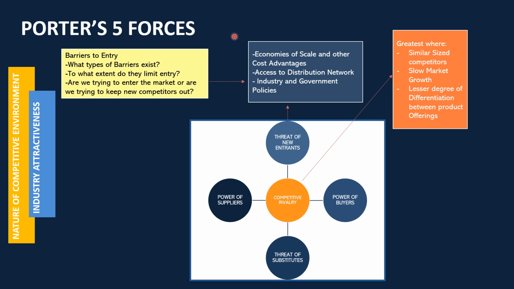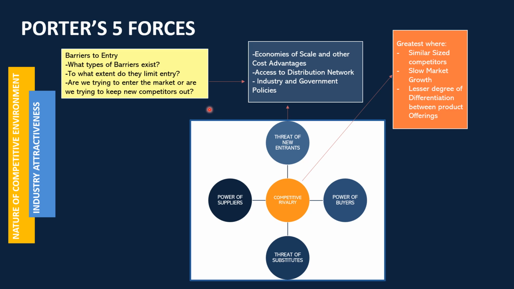And these are certain sources of barriers to entry. Let's just quickly go through them. First one being economies of scale and other cost advantages, access to distribution network, industry and government policies. There's product differentiation and capital requirements, which could also be a part of a barrier to entry.